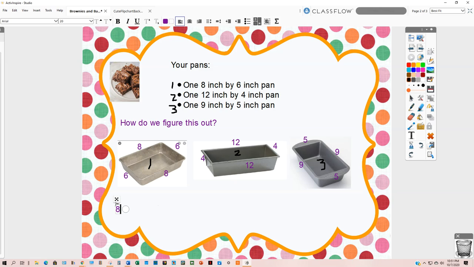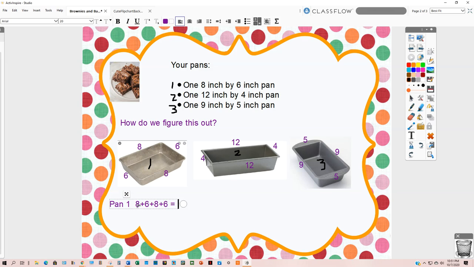That means I'm going to have 8 plus 6 plus 8 plus 6. And I might even label this. This is pan 1. And I need to have my equal sign. So that way I can figure out how long this pan is. And I know it's going to be inches because I have my unit of measurement in the problem.